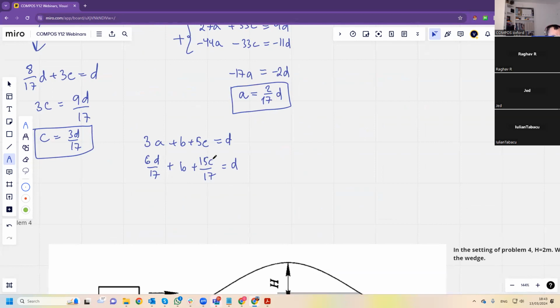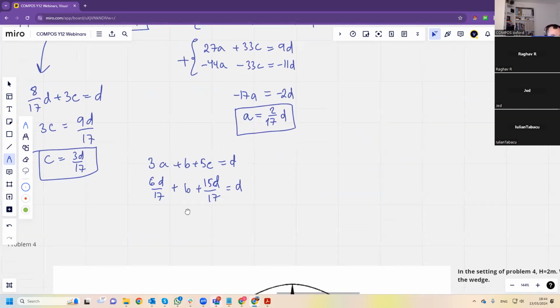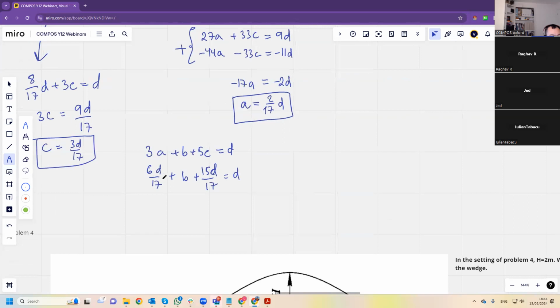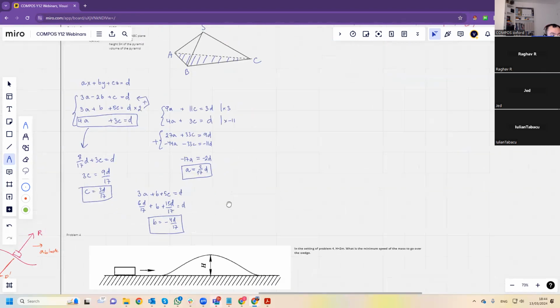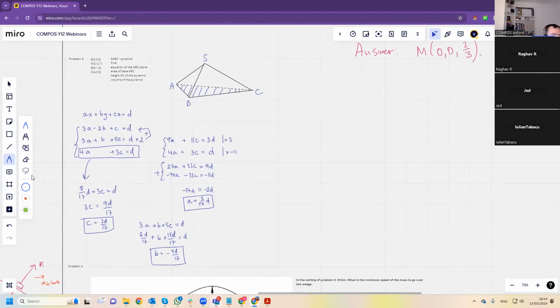So 17 minus 31, that's minus 14. So b is minus 14d on 17. Okay, now we sub that in. I've used all the available space, but I'm going to shrink that.